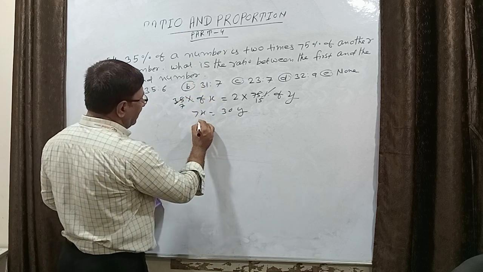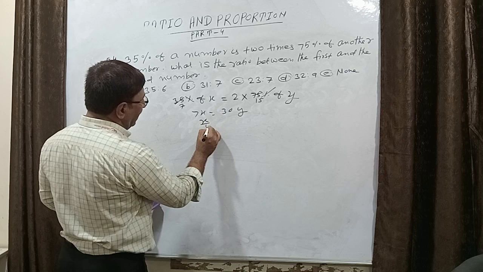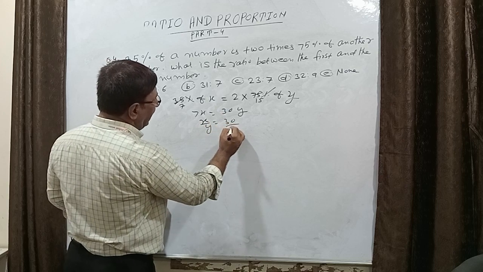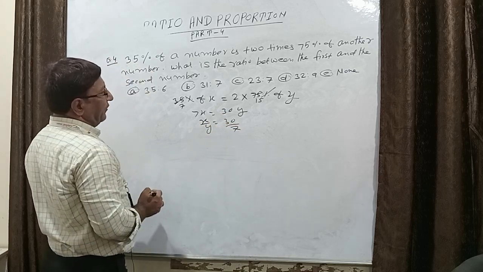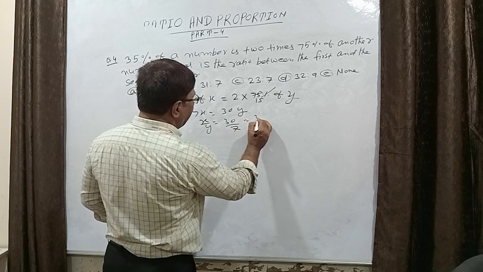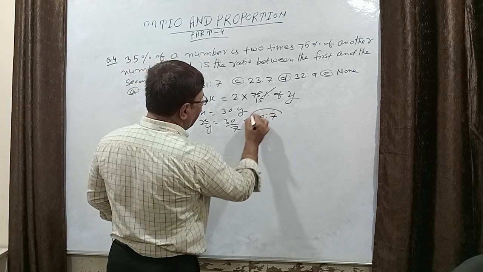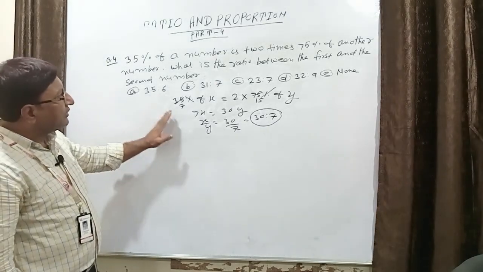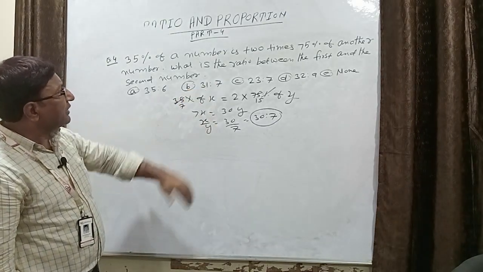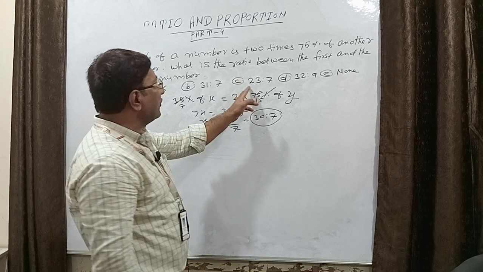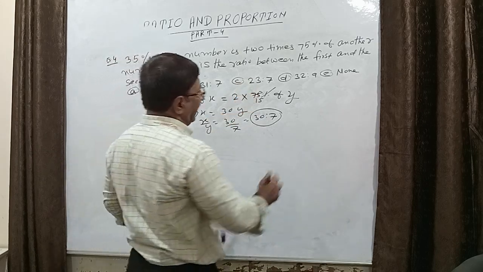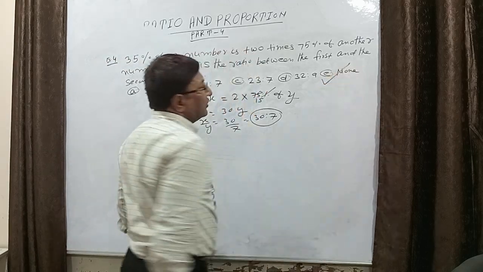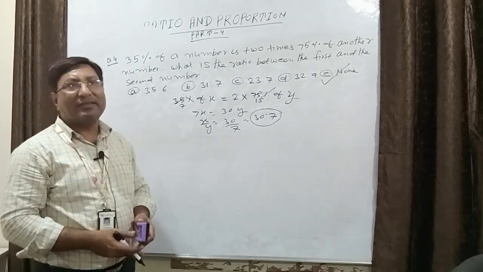The first number is x, the second number is y, so this is 30 by 7. So our correct answer is 30 ratio 7. Here the options are 35 ratio 6, 31 ratio 7, 23 ratio 7, 32 ratio 9. So none of these is the right answer.